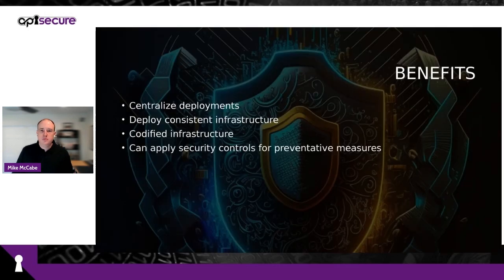So what are some of the benefits of that? Anyone who has worked in even a small to moderate sized cloud environment knows that deploying infrastructure and having it be consistent and having it be maintained and understanding what is used for what purpose is a challenge.